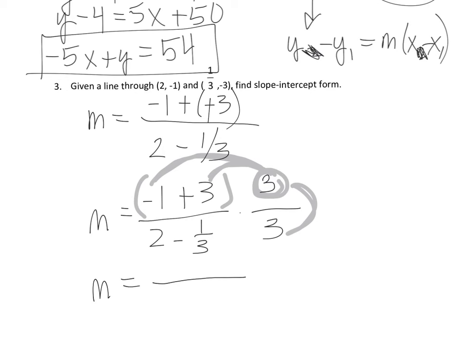Now this negative 1 plus 3, we could add those together, then multiply by 3, or you can distribute the 3 in, and I think I'm just going to distribute the 3 in just to indicate the process, given the complex fractions we'll see later will get a little more complicated. So it'd be negative 3 plus 9.